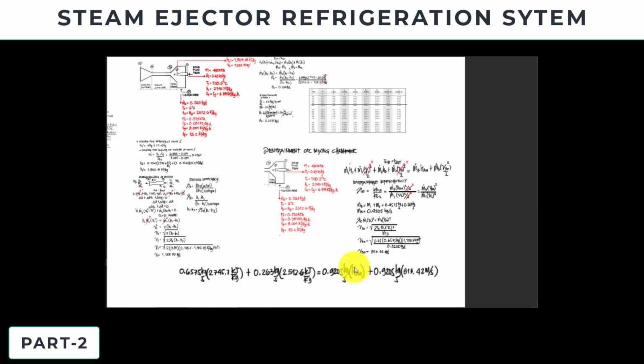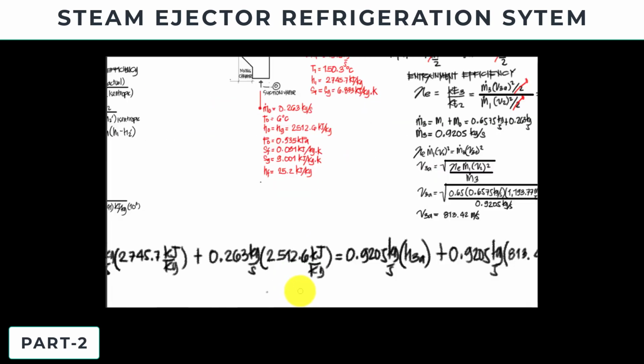Then the unknown here is only the enthalpy 3a. So we may be able now to solve the value of your enthalpy 3a.